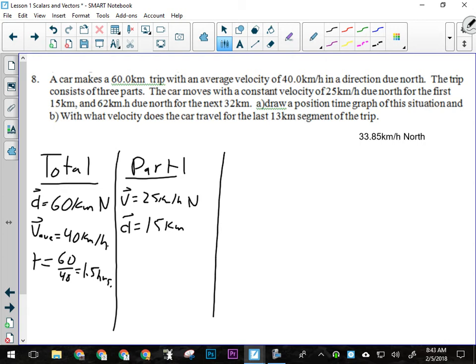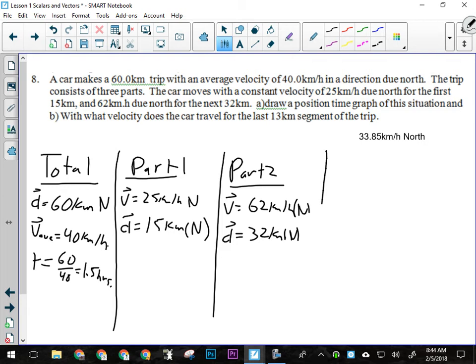And in part 2, we move at 62 kilometers per hour for 32 kilometers, and that's also north. And then they tell us that part 3 is 13 kilometers long.